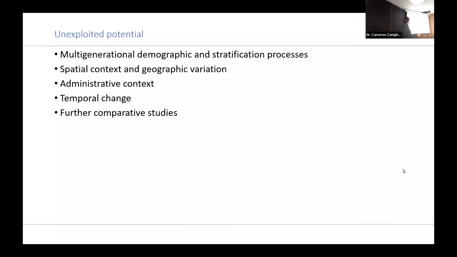So with these data, and I hope you'll think about this, you don't really need to know Chinese. The documentation's in English. These are basically demographic events that have a fairly clear interpretation.